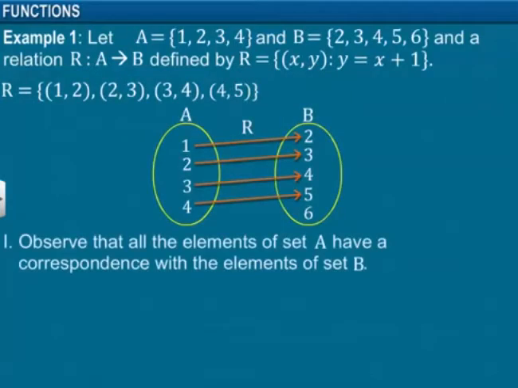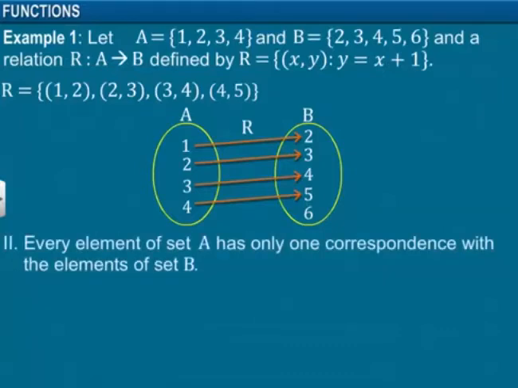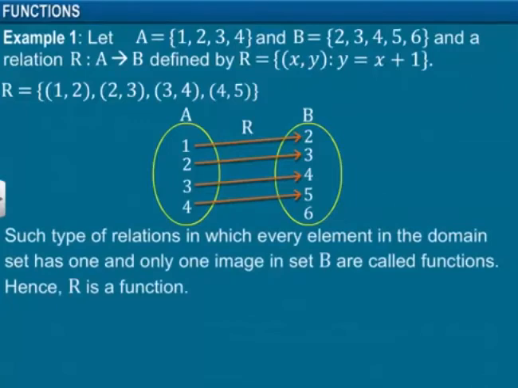Observe that all the elements of set A have a correspondence with the elements of set B. Also, every element of set A has only one correspondence with the elements of set B. Such type of relations in which every element in the domain set has one and only one image in set B are called functions.